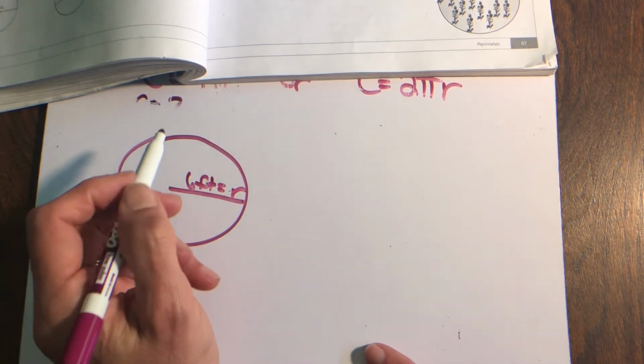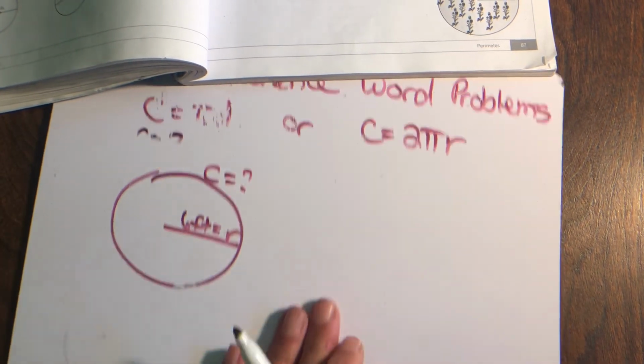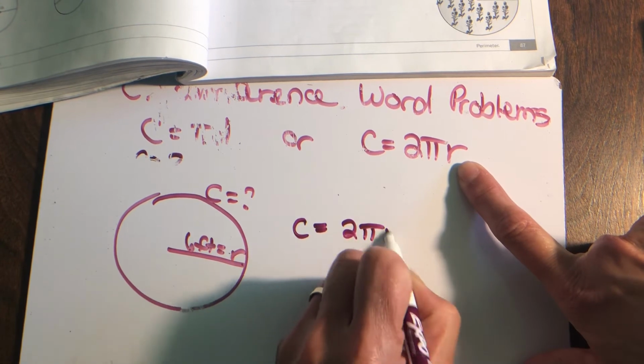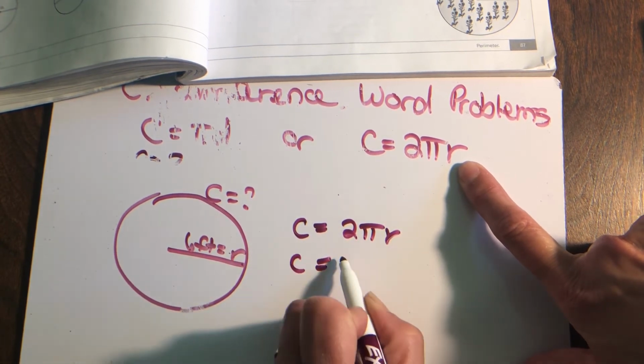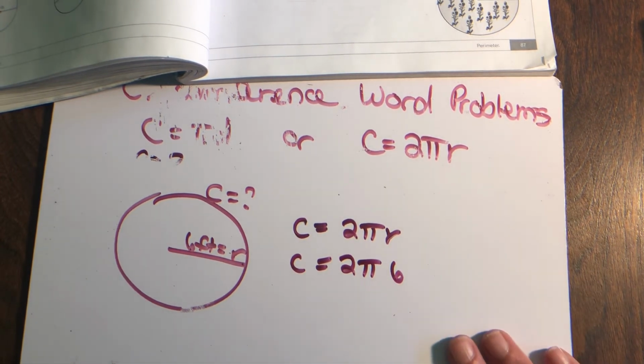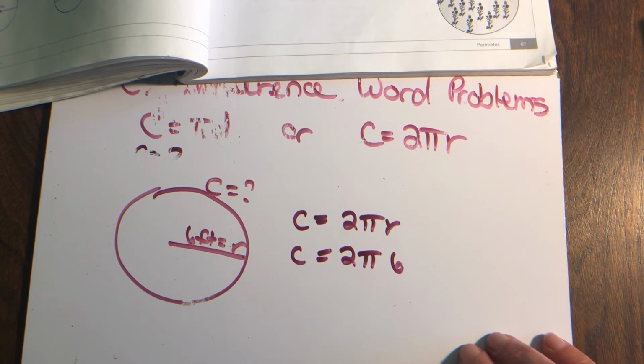And they use the word circumference, so that's so easy. Choose the right formula and plug it in. I mean, it's very simple. You just have to keep yourself straight and plug that into your calculator and make sure you round it off.